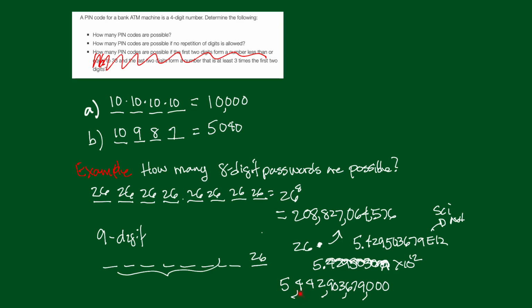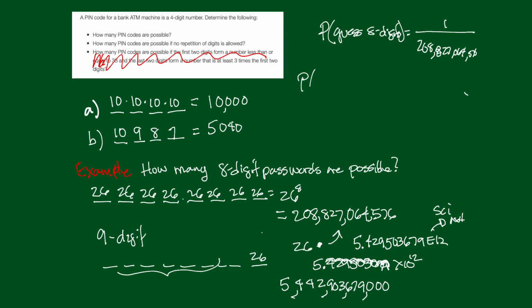So if you have an 8-digit password, what's the probability of just guessing a password? Well, there's this many passwords, 208,827,064,576, one of which works.